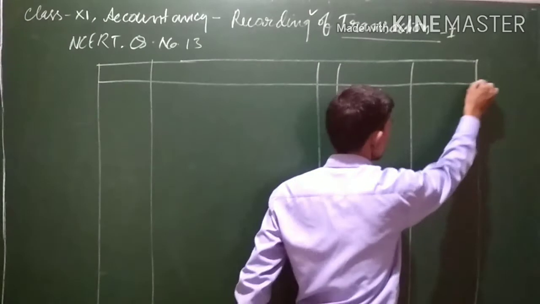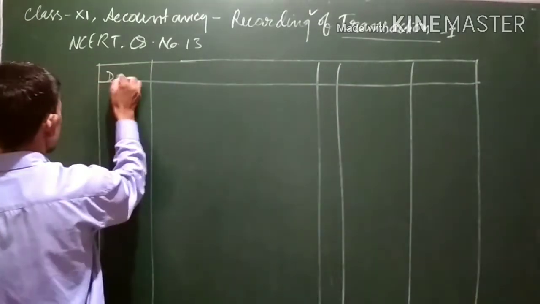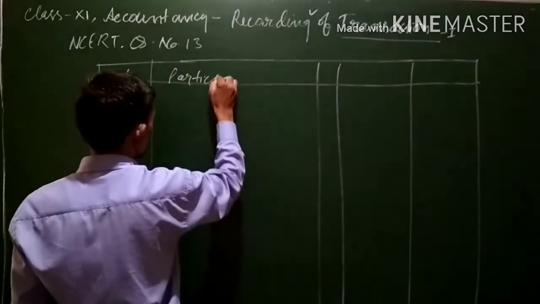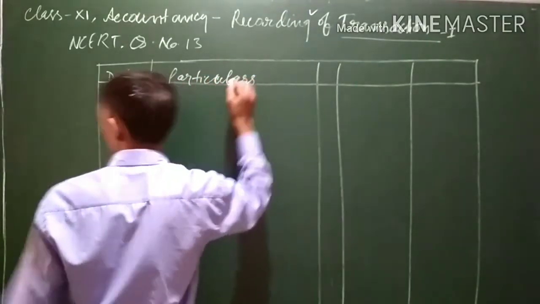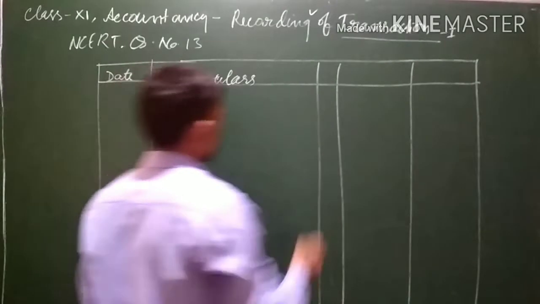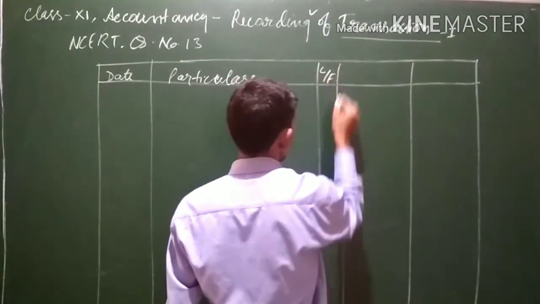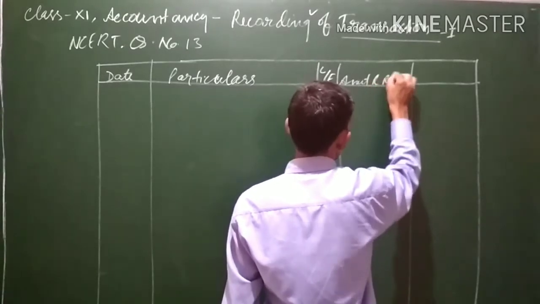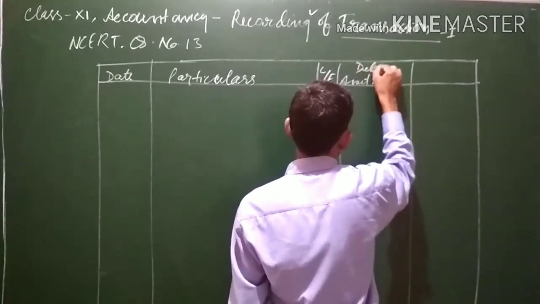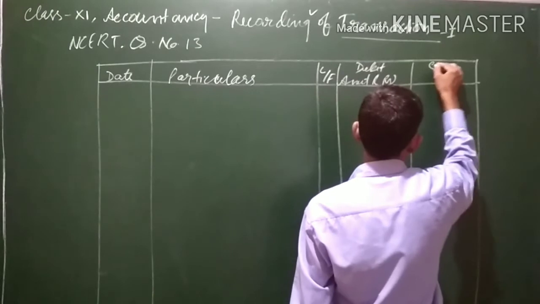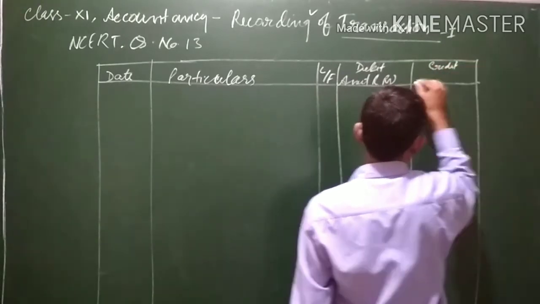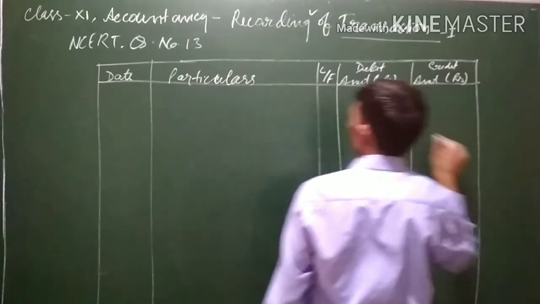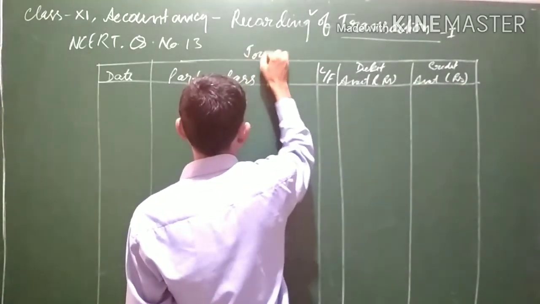First is date, then particulars, next LF, that is ledger folio, then amount in rupees, and debit you write at the top. Here you write credit, amount in rupees.